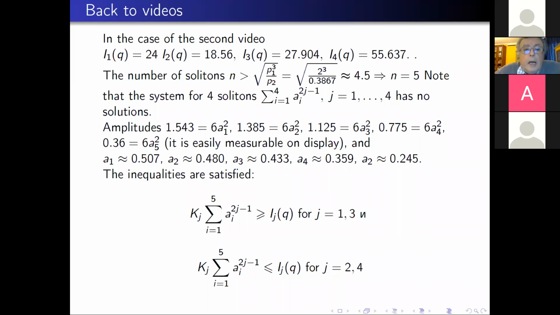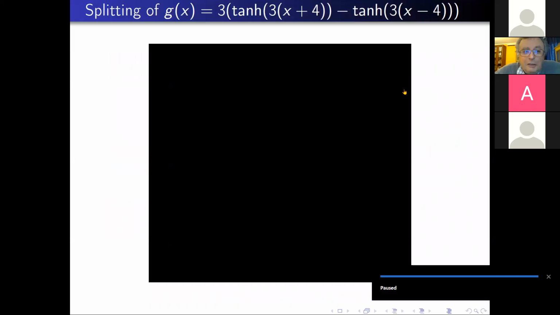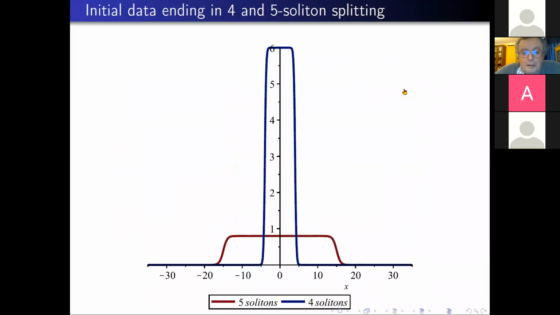Once again, excuse me, I will show you once again the initial distribution. Here is the initial distribution, or initial data for the KdV.